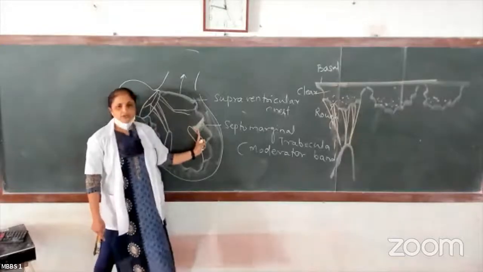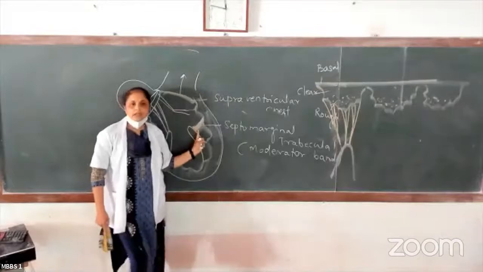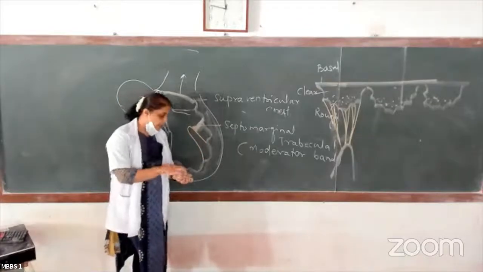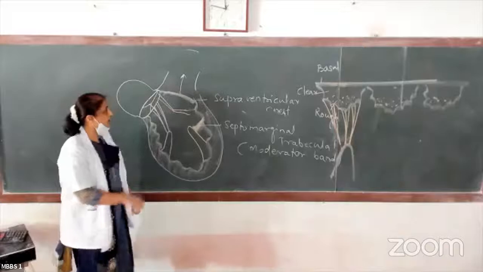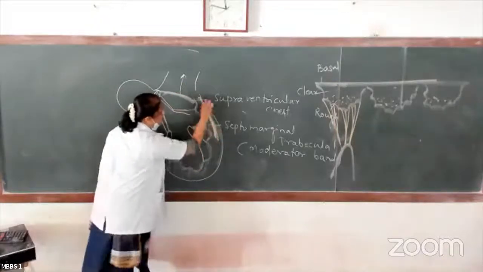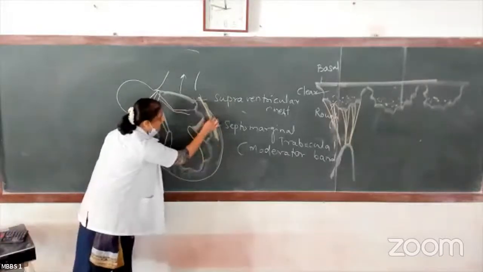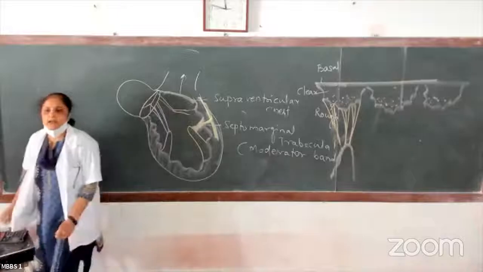One of the bridges we have seen is very prominent, and it is the moderator band. The second important thing about the moderator band is that the bundle of fibers passing in the interventricular septum from the AV node sends major fibers to the moderator band also.